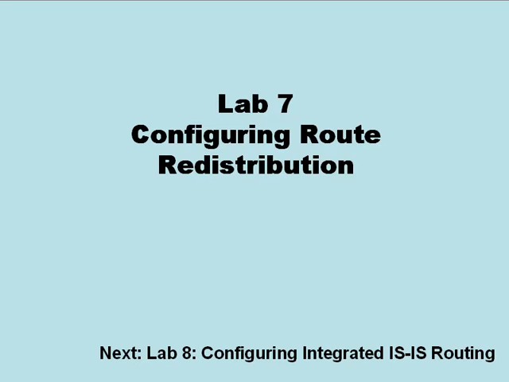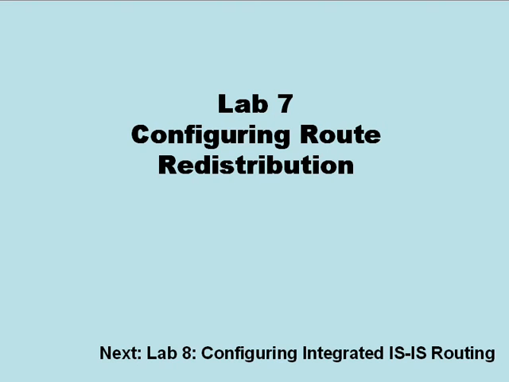Parameters such as bandwidth, delay, reliability, load, and the MTU size. And those parameters could be inherited by routes coming from another routing protocol and being injected into EIGRP.